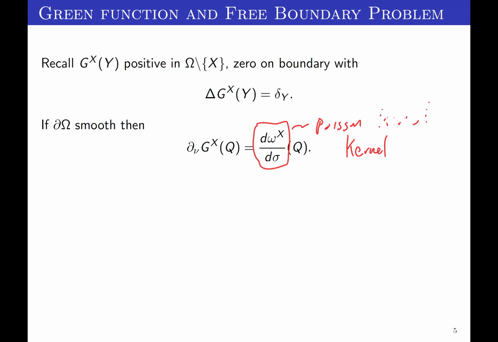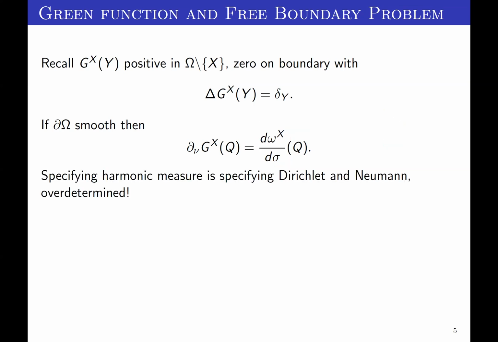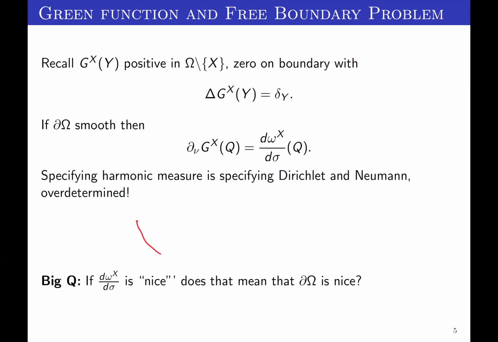Right? So when we're specifying harmonic measure, we're specifying Dirichlet and Neumann conditions. We have some domain, partial omega. We have that the Laplacian of G is basically equal to 0, right? Because we can think of the pole as being really far away. So x is somewhere up here.